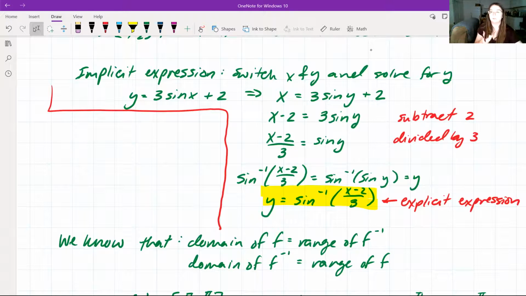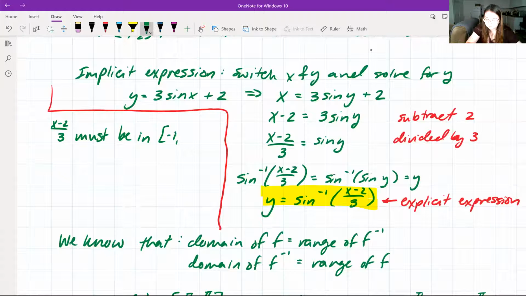So what would that give us? x minus 2 over 3 must be in -1 to 1 from our original. So we can state that -1 is less than or equal to x minus 2 over 3, which is less than or equal to 1.